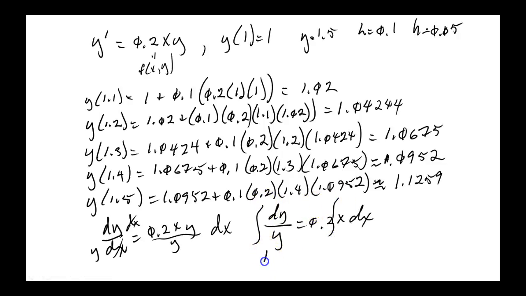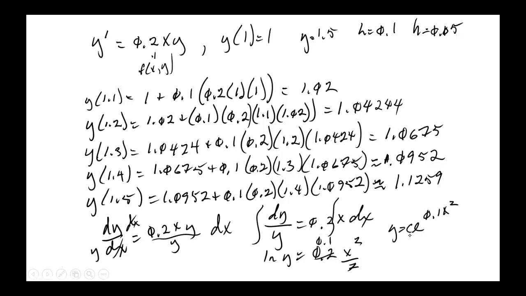And this is the log of y is equal to 0.2 times x squared over 2, which is 0.1x squared. So y is equal to e to the 0.1 x squared.